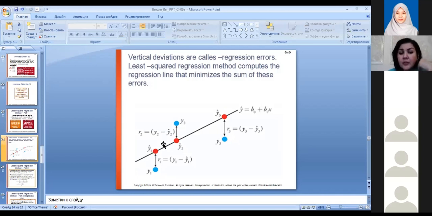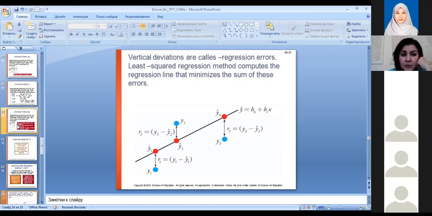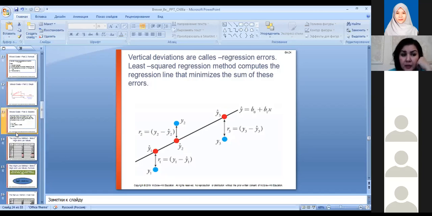So what are the errors? This is a regression line, which goes through these points, and it actually shows that there is a linear relationship.